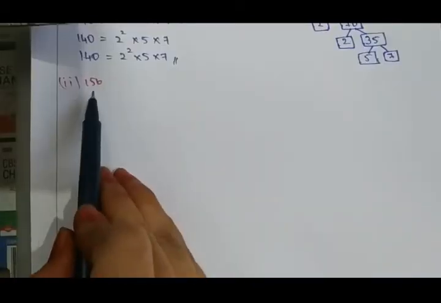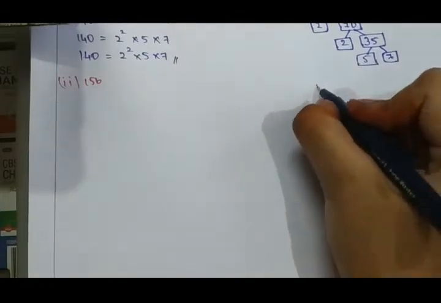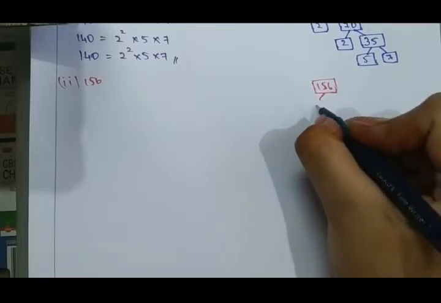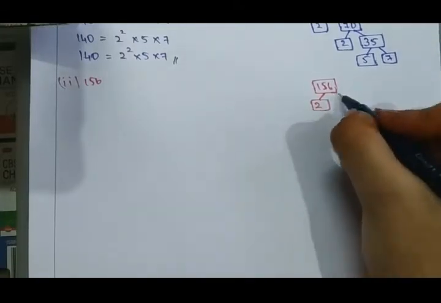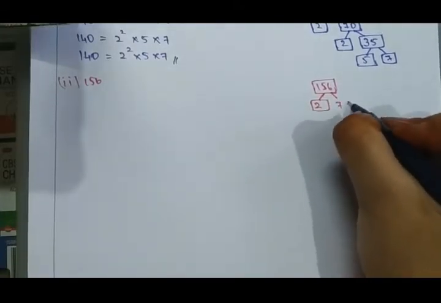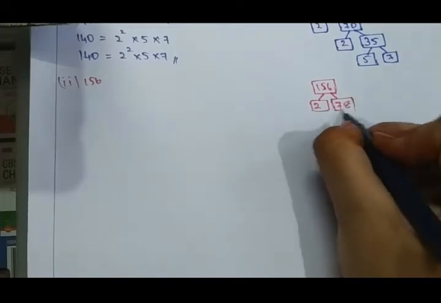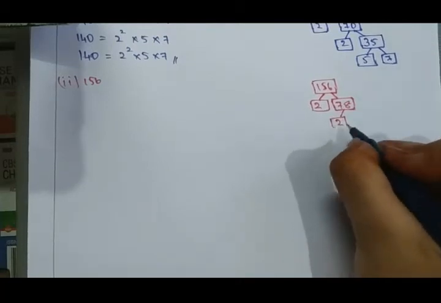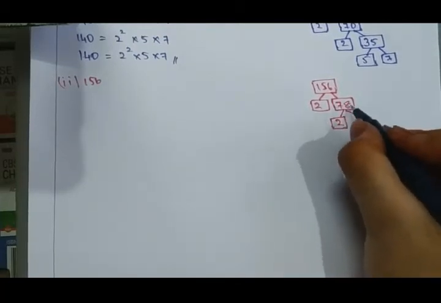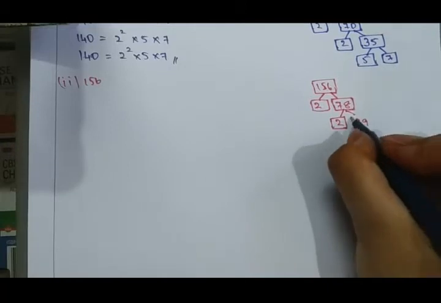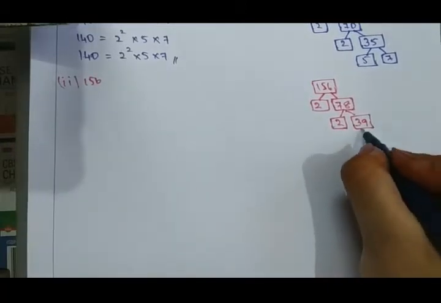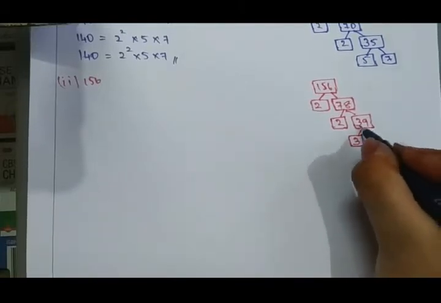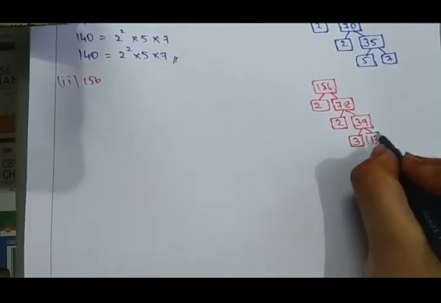Next is 156. So see here, 156 is 2 into 78, and this 78 can be written as 2 into 39, and this 39 can be written as 3 into 13.